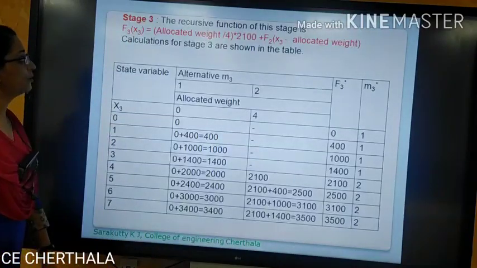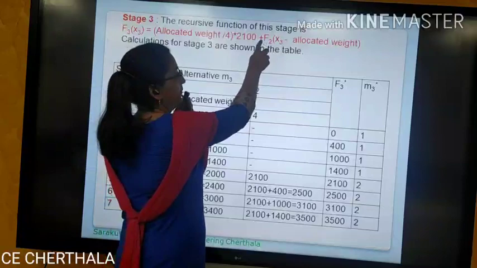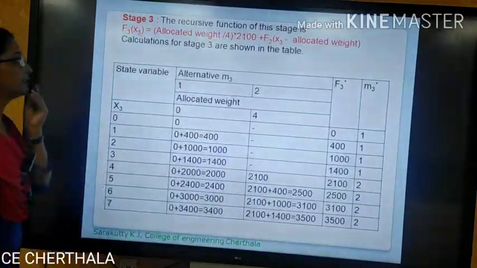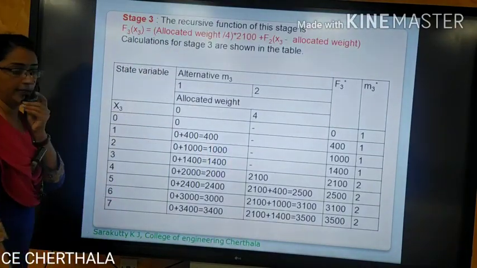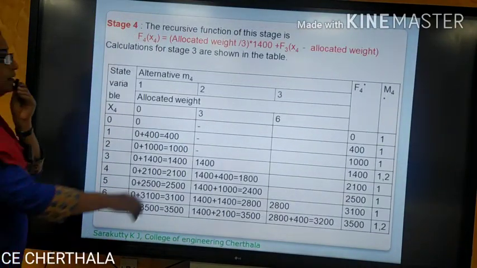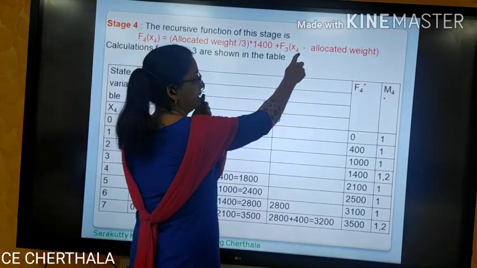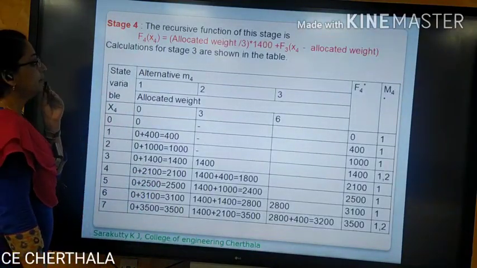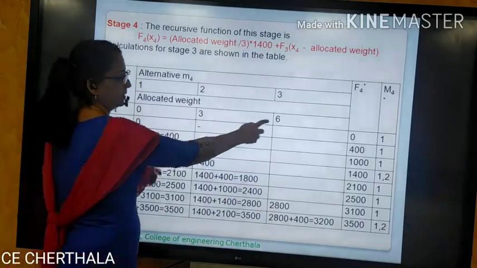Now stage 4. In stage 4, the second term will be F3 of x4 minus allocated weight. That is the difference in stage 4. And the first term will be allocated weight by, there the weight is 3. Allocated weight by 3 into 1400 plus F3 of x4 minus allocated weight. Now in stage 4, we have three alternatives: 0 ton, 3 ton, 6 ton.